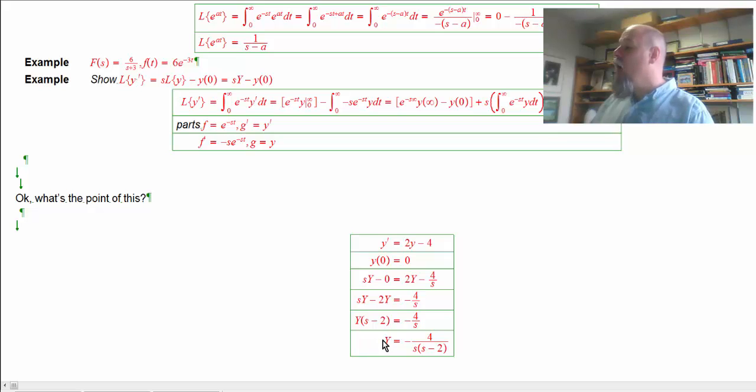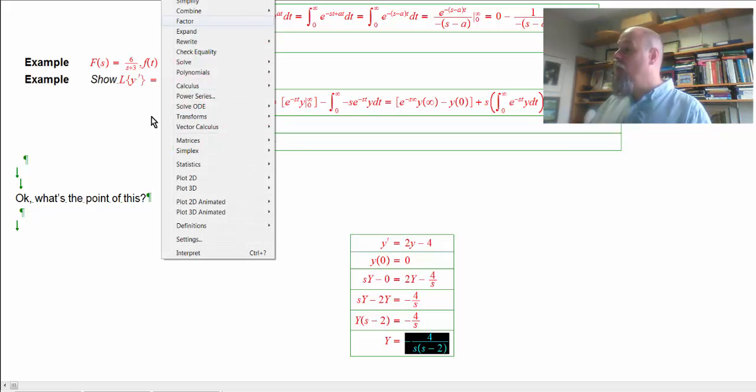All I have to do then is unLaplace both sides of this. The capital Y is going to unLaplace to be little y of t, in other words the unknown function, the function I'm looking for. And I've got to unLaplace this. I don't know how to unLaplace this, so I'm going to break it into pieces. I'm going to use partial fractions to break this into pieces.